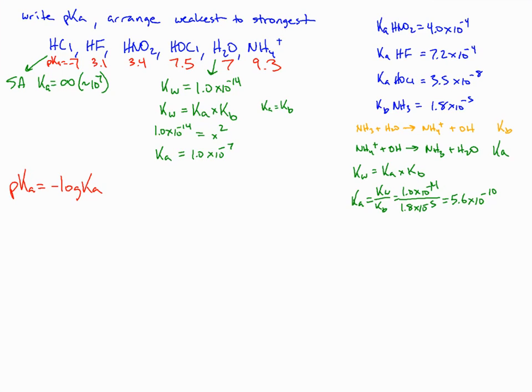So now we want to write this in terms of increasing strength. So the weakest acid here would have the largest pKa. So I'm going to write this, increasing strength. So here's NH4 plus. It is the weakest of all of these acids, and its pKa is 9.3.